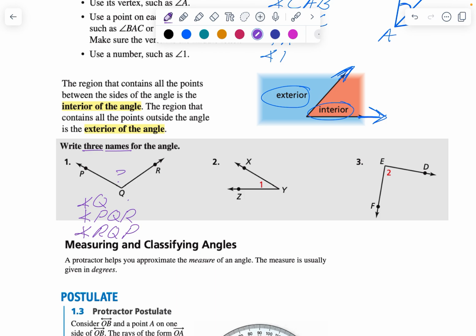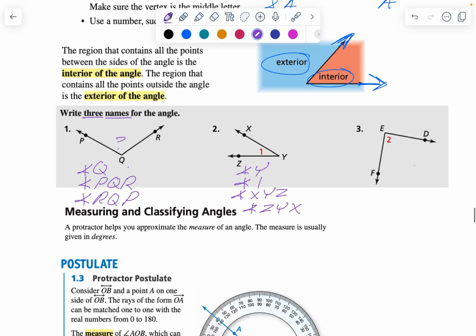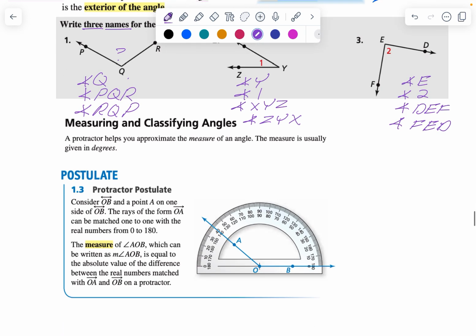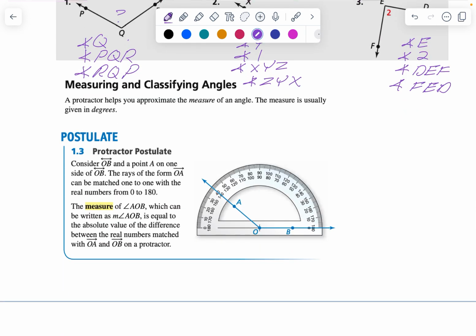We could call it angle Y, angle 1, angle XYZ, or angle ZYX. And for number 3, same thing. We could name it 4 ways: angle E, angle 2, angle DEF, and angle FED.